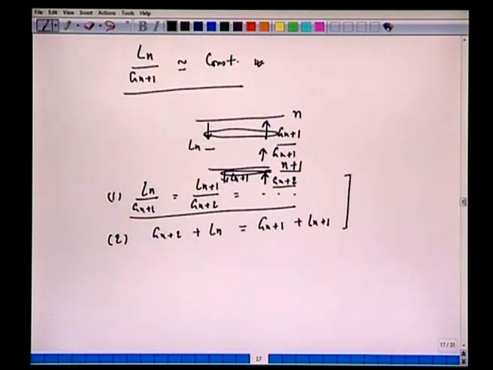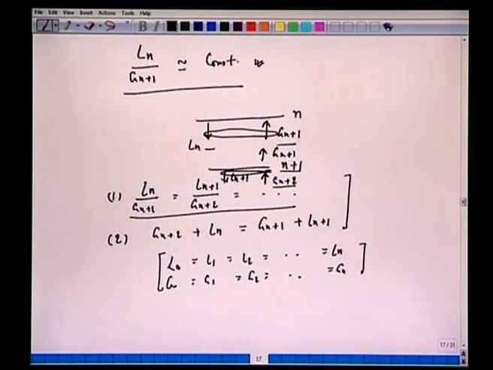With this 1 and 2, one can show that L0 will be the same as L1, the same as L2, and G0 will be the same as G1, the same as G2, the same as Gn. So this is what the Becker-Hille method is all about. Molar flow rate is a constant.